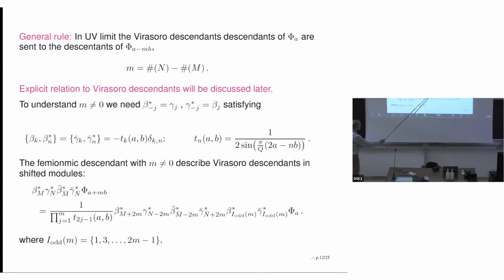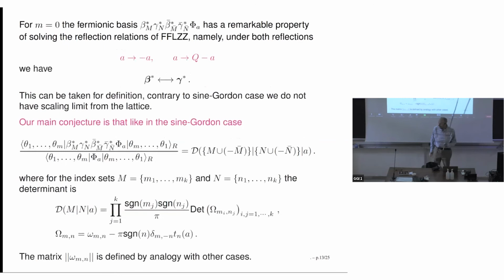So I introduce some T here, and then if I want to create something on a descendant of a shifted field, this is created by a descendant of the unshifted field with some combination of these fermions here. So I will give some example.